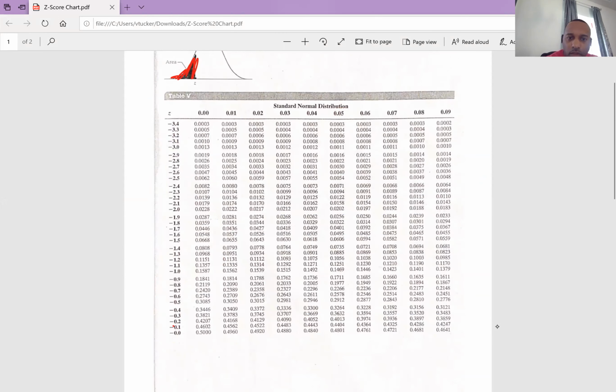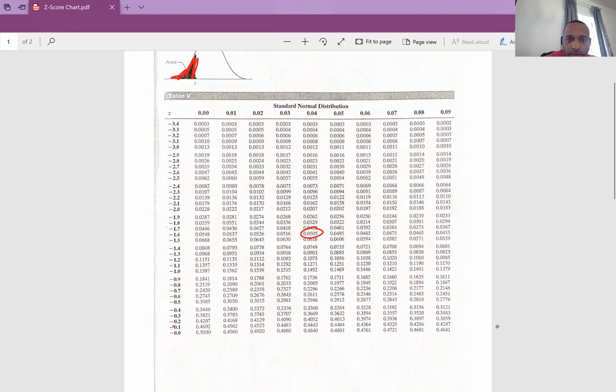All right, so let's see. Right here we have 0.0505. And it doesn't matter whether it's greater or smaller, we just want to know what's the closest thing to it. And then also notice we have 0.0495.